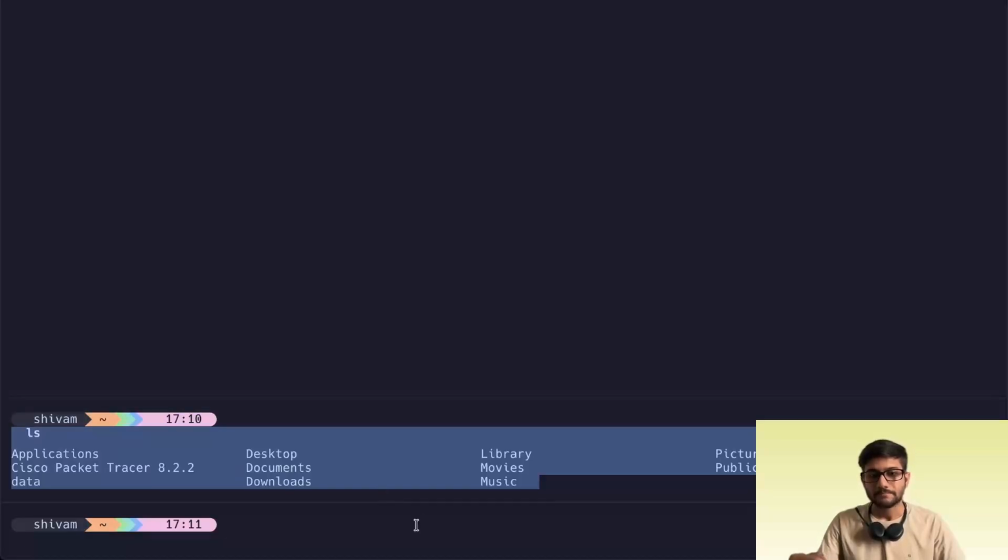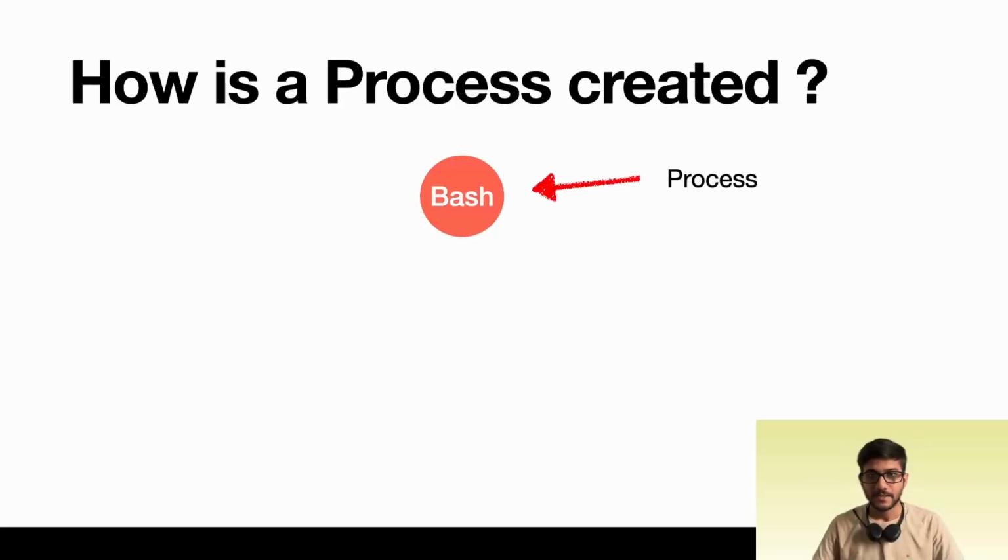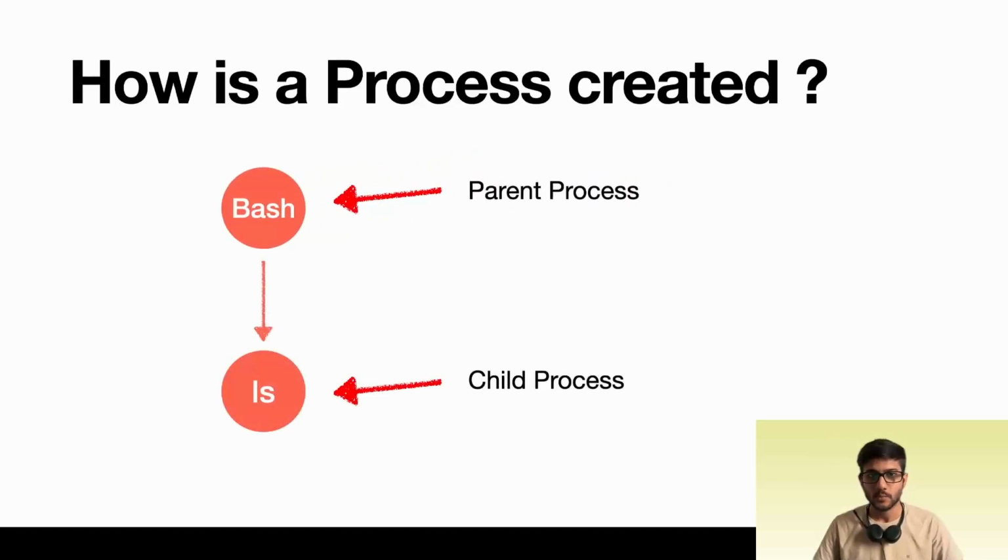So my terminal becomes a parent process and it creates a child process which executes the ls command, and then the child process is killed and we have the control back to the parent process, that is my terminal. So what we discussed is that my bash or ZSH shell was initially a process, but when I executed the ls command, my terminal became the parent process, and it spawned a child process and that executed the ls command. So that is how processes are created.